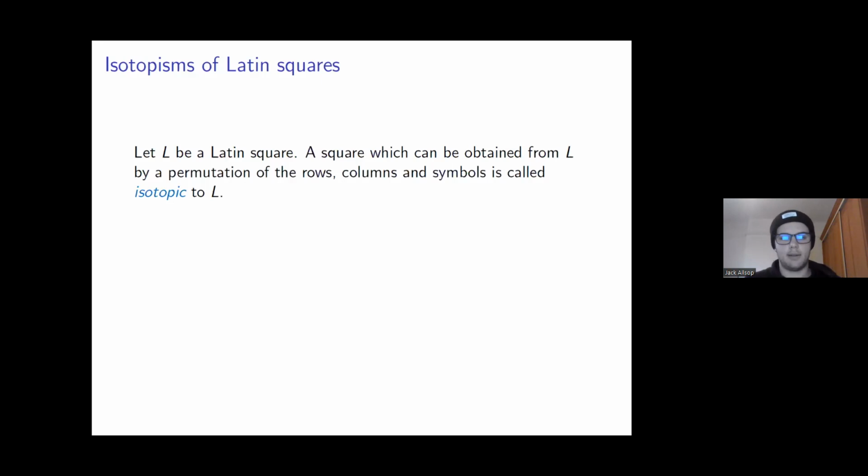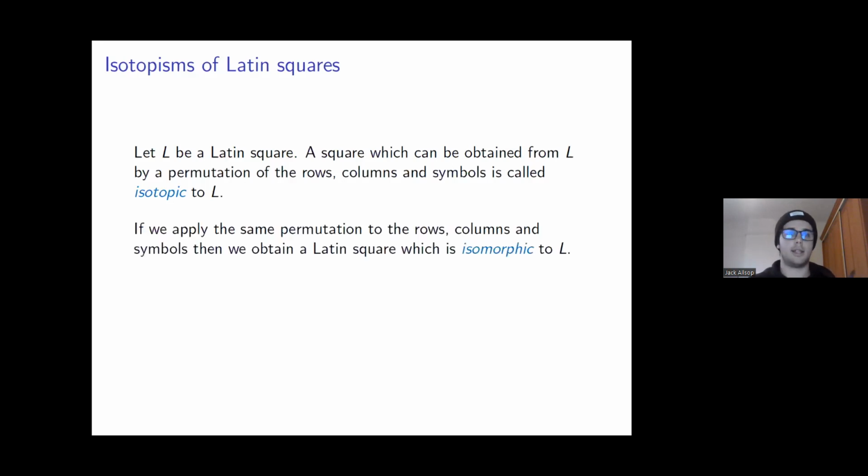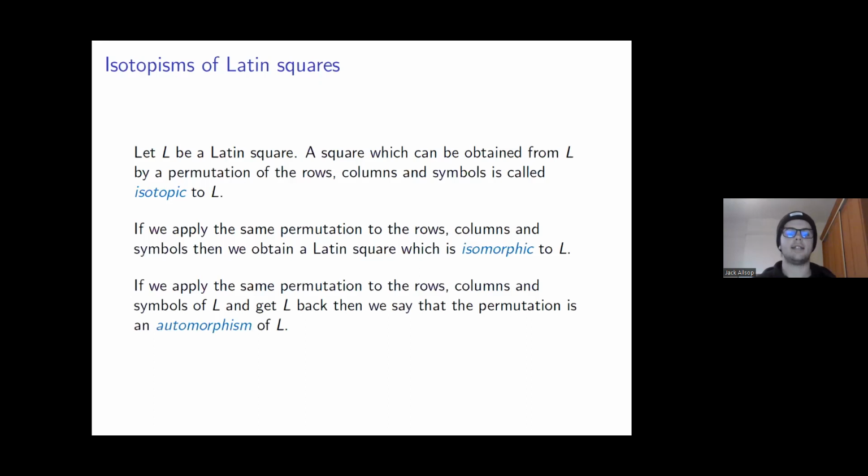A square which can be obtained from L by permutation of the rows, columns, and symbols is called isotopic to L. And this isotopy operation preserves the lengths of row cycles. And if we apply the same permutation to the rows, columns, and symbols, we obtain a Latin square which we call isomorphic to L. And if we apply the same permutation to the rows, columns, and symbols of L, and we get L back, then we say that that permutation is an automorphism of L.